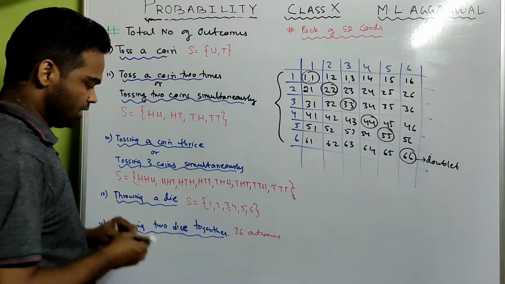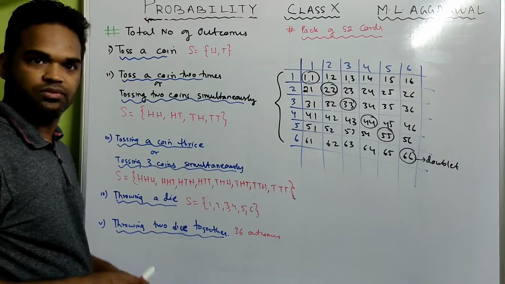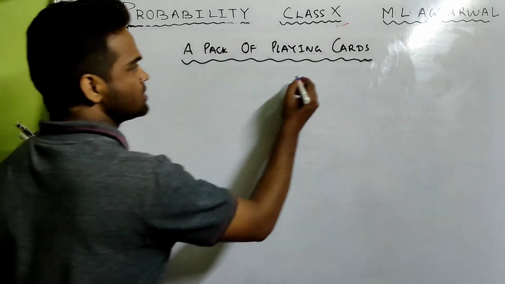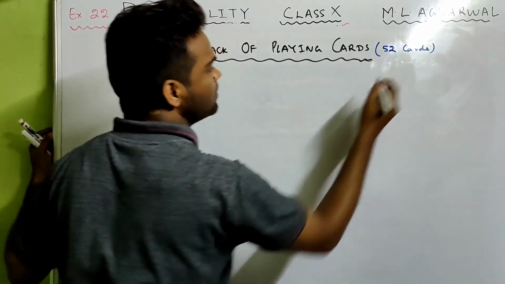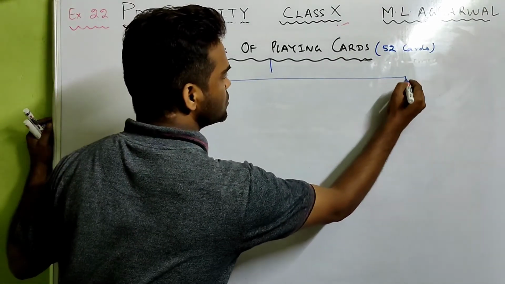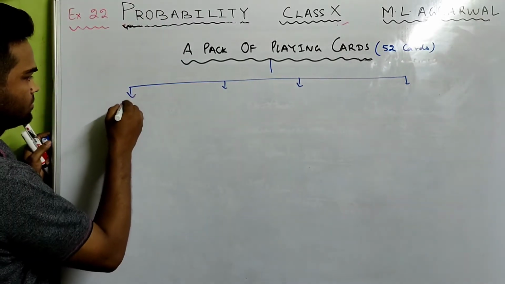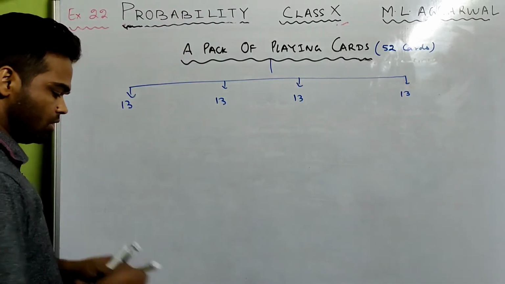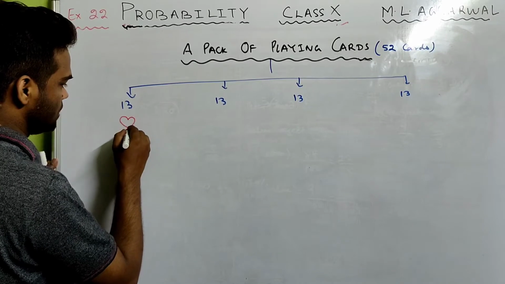Okay. Now, one more thing I need to discuss is the pack of 52 cards. A pack of playing cards has 52 cards in total with 4 different suits, and each suit has 13 cards. What are they? Look at this. You have heart, which is red in color.